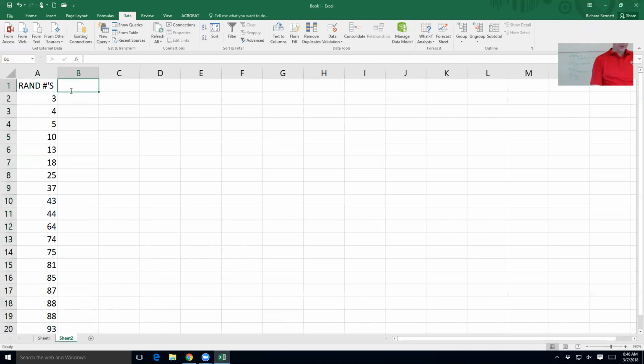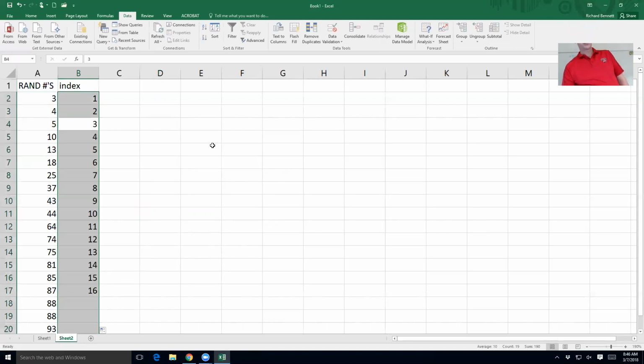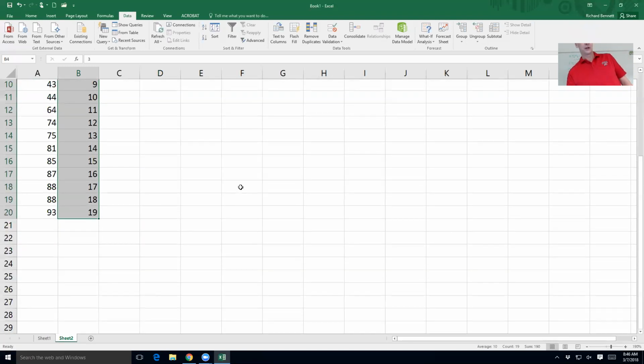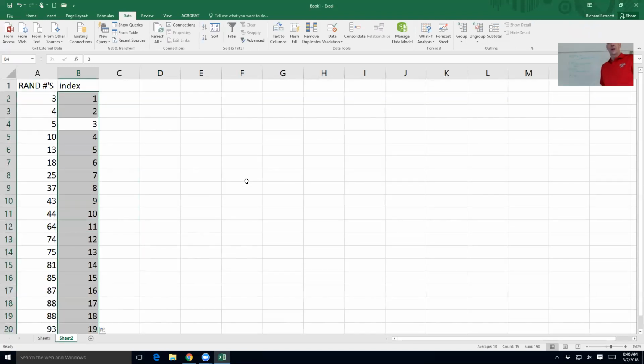Now we're gonna do our index numbers. 1, 2, 3. I don't want to count, so I just do the first 3 and then double click. Boom. So I've got all 19 numbers. Now what?